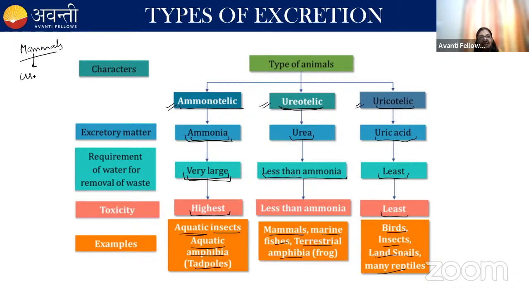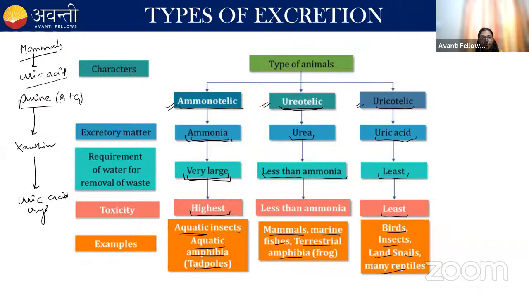Uric acid is formed when you consume a diet that contains a high amount of purine, like adenine and guanine. Purine will be broken down into xanthin. Xanthin will be broken down into uric acid crystals by the enzyme known as xanthin oxidase.